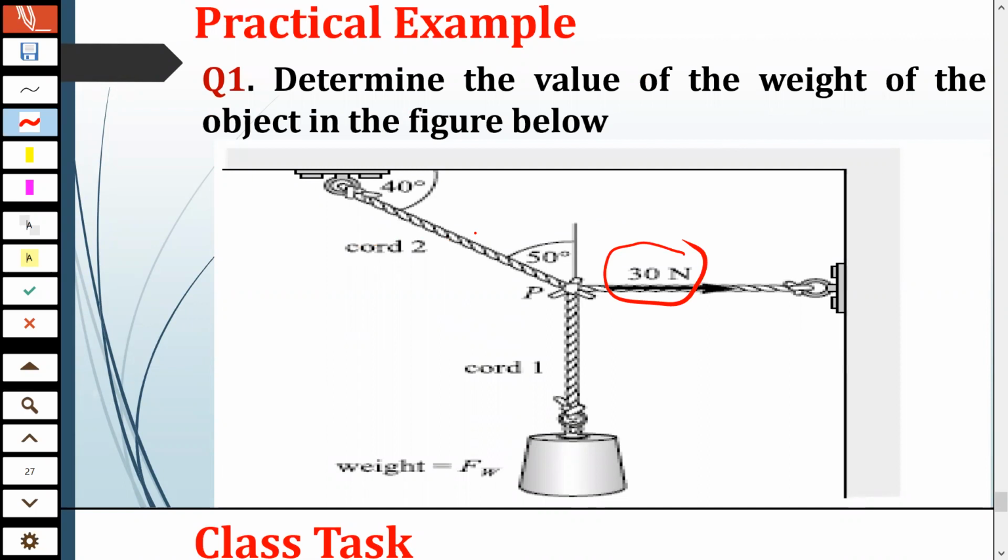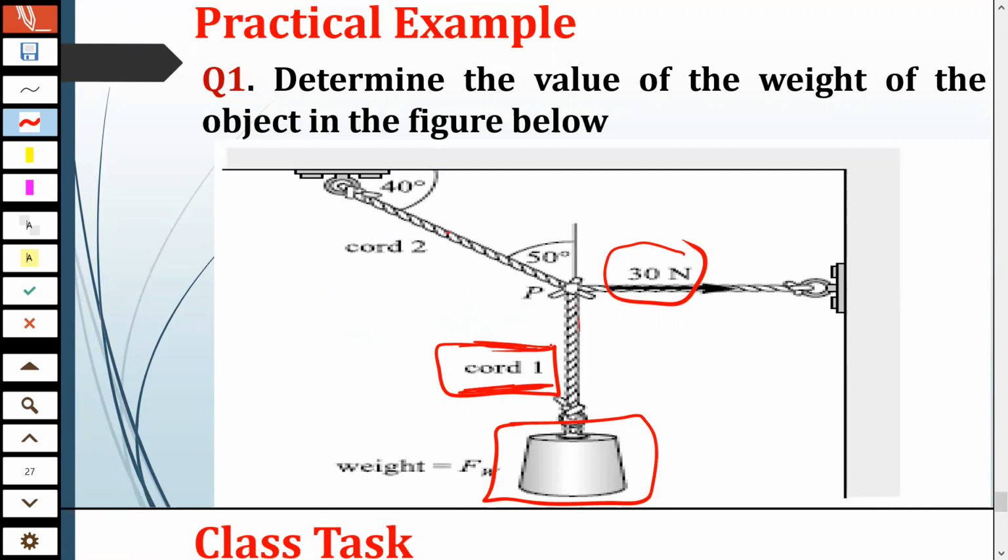The tension for this other cable has not been given. And we've been asked to find the force in the cord 1, because they're asking us to find the weight of this. So the weight of this is equal to the force or the tension in the cord 1 here.